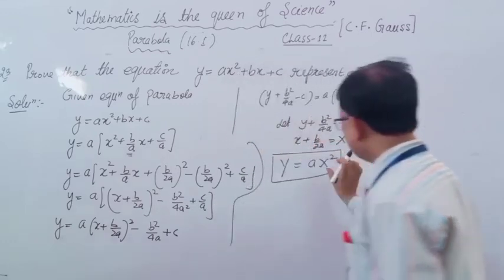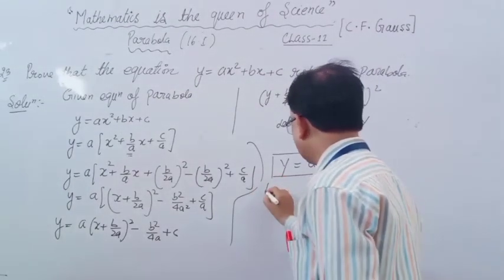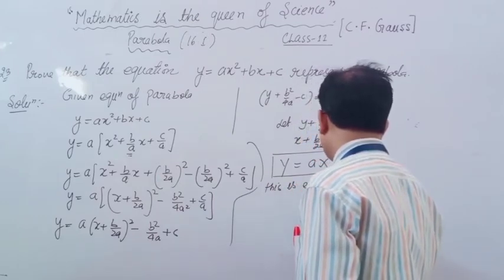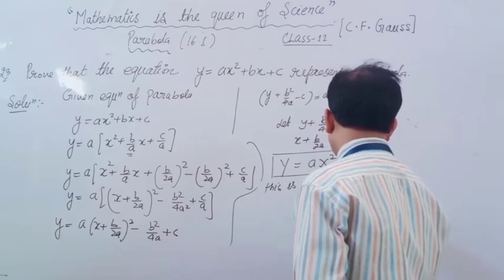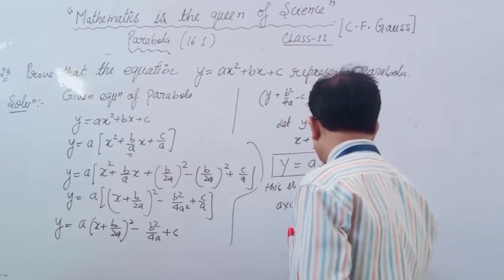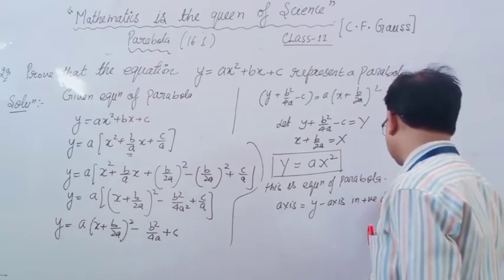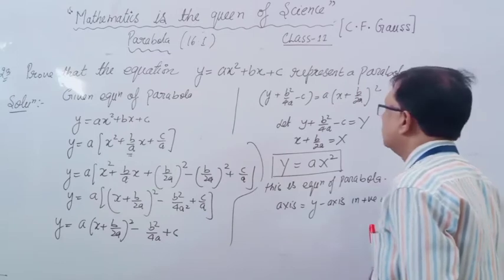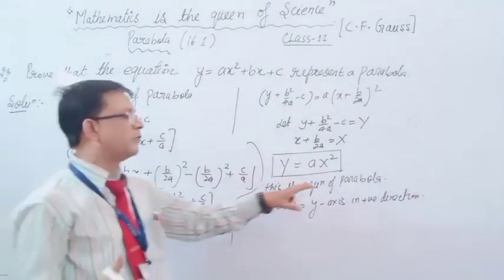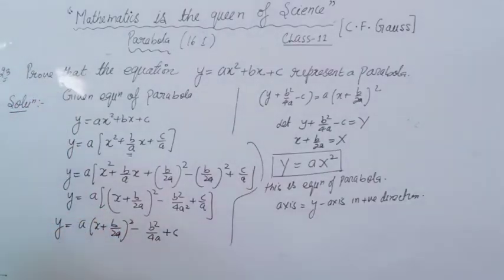This is the equation of a parabola. Its axis is the y-axis in the positive direction. So students, the given equation represents a parabola whose axis is the y-axis in the positive direction. So note this question, then we discuss another problem.